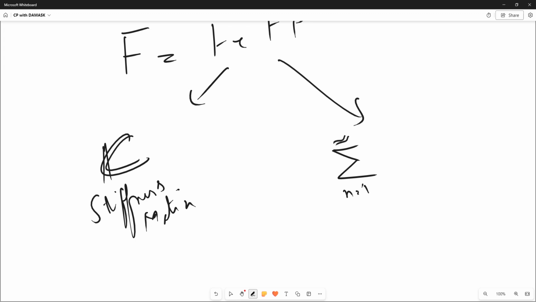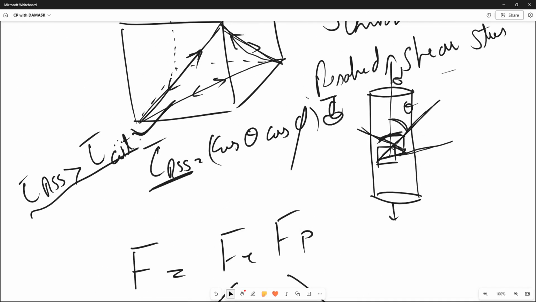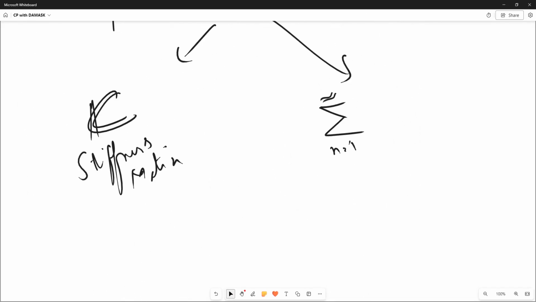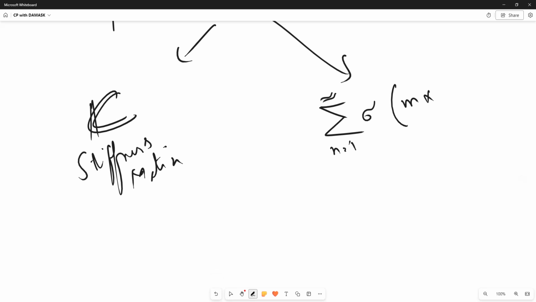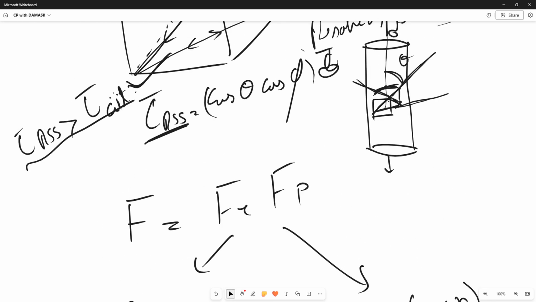And it is basically what we have written here. So it is the total stress into M versus N, the cross product of this, which is primarily this matrix.